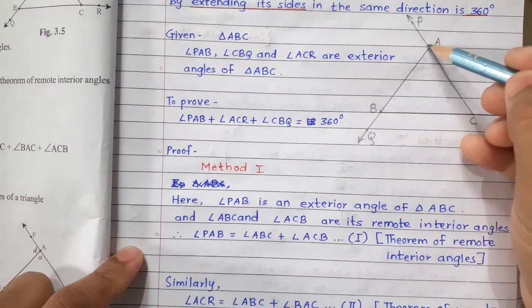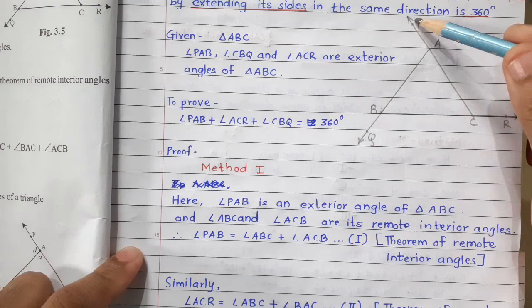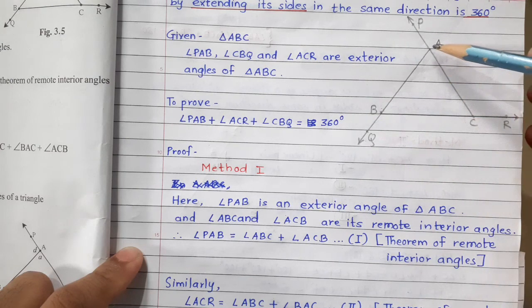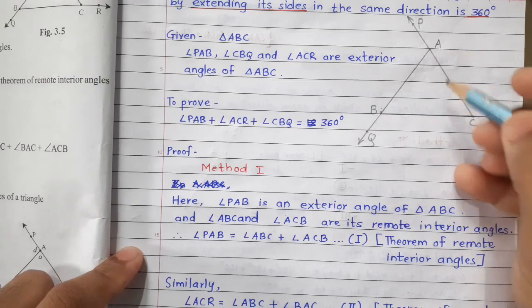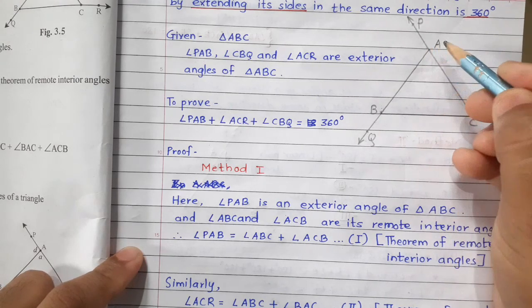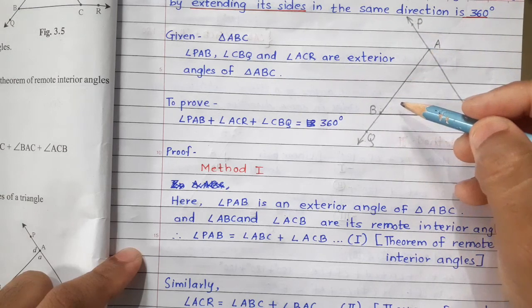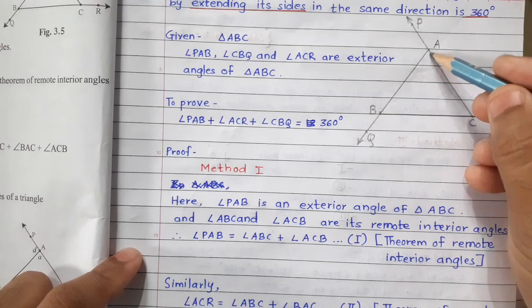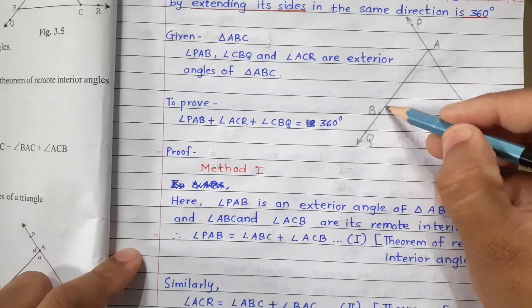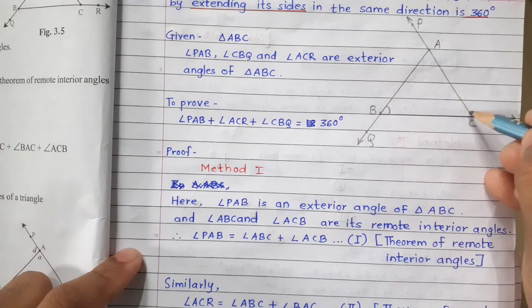Here angle PAB is an exterior angle of triangle ABC. Now if angle PAB is an exterior angle, then its remote interior angles are angle ABC and angle ACB.